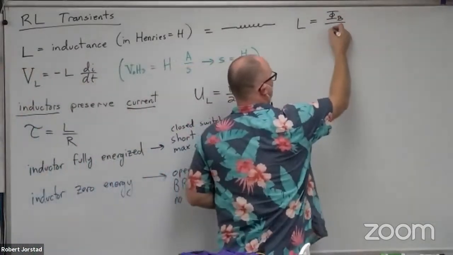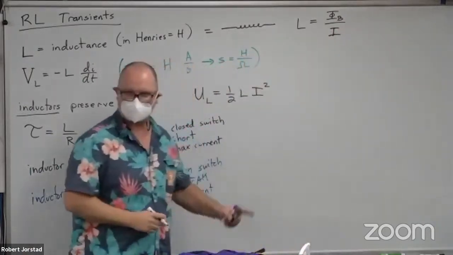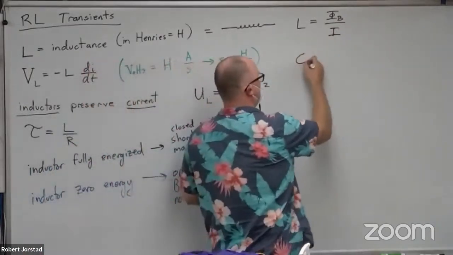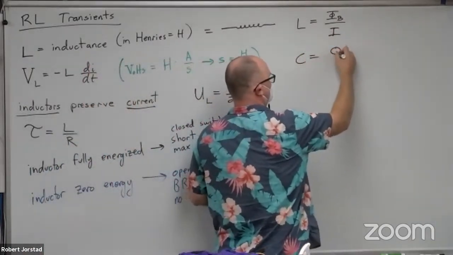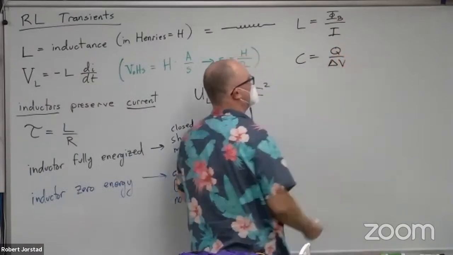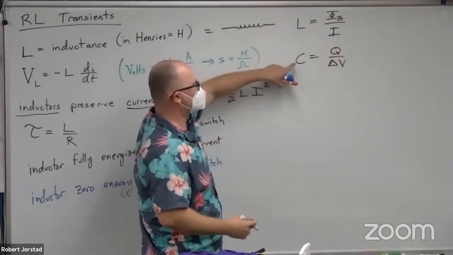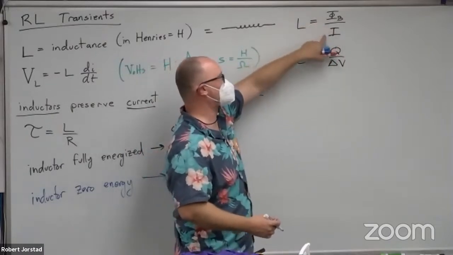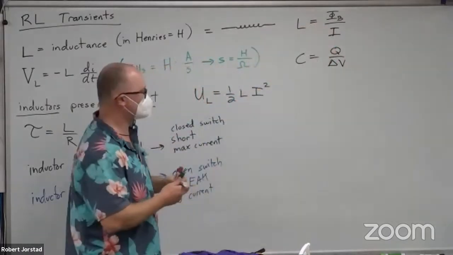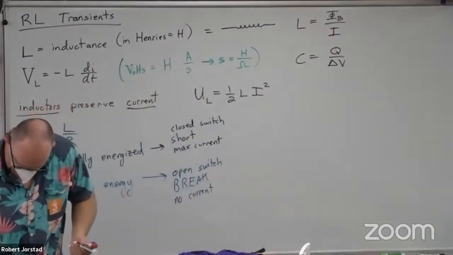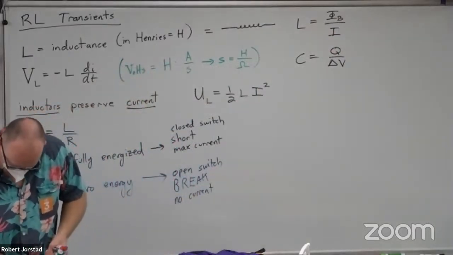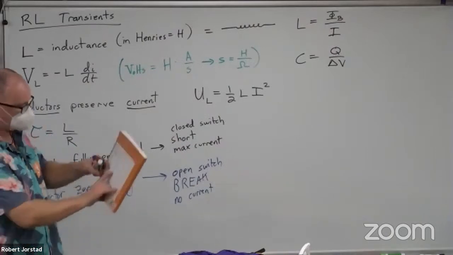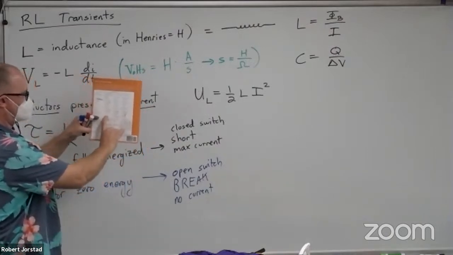So this is sort of like the equivalent of, you remember C was charge per unit volt? There's a little bit of similarity. Capacitance was charge per unit volt. Inductance is flux per unit current. Something like that. This is somewhere on there. There it is. Right there. Kind of near the middle box.